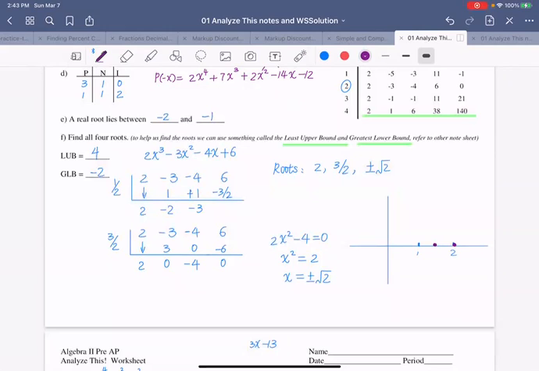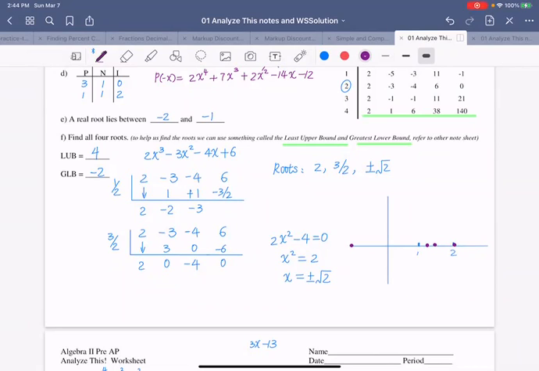And the plus or minus square root 2. Square root 2 is about 1.414. So you can choose the roots around this location, and you have a -1.414 on the other side. So these 4 purple dots are your roots.